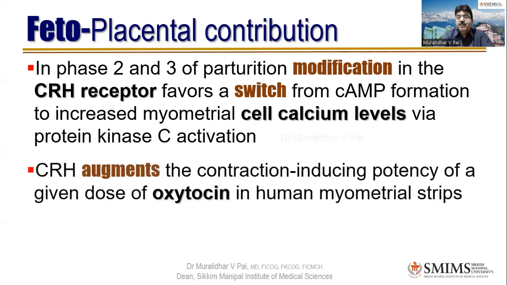CRH augments the contraction-inducing potency of a given dose of oxytocin in human myometrial strips. So it not only does that switch of cyclic AMP, it also augments the contraction-inducing potency of a given dose of oxytocin. So when you give oxytocin for augmentation, not inducing actually, it will augment that potency as well.